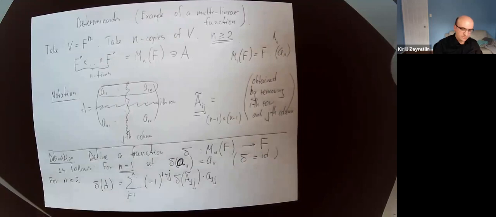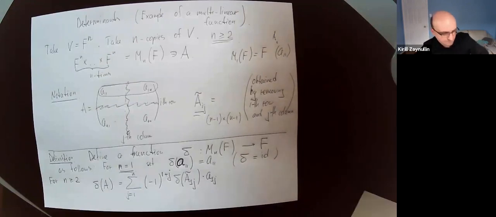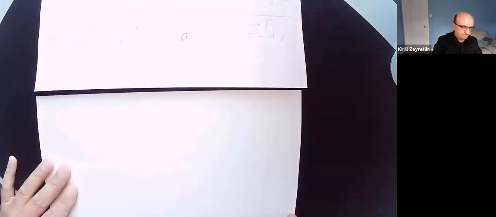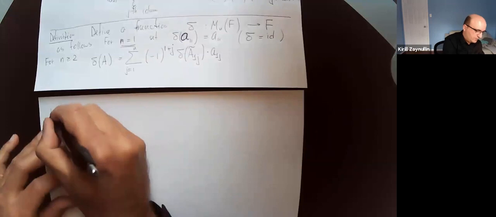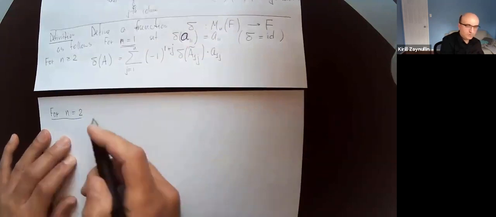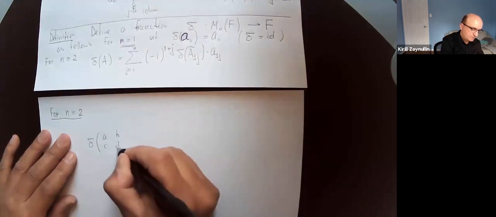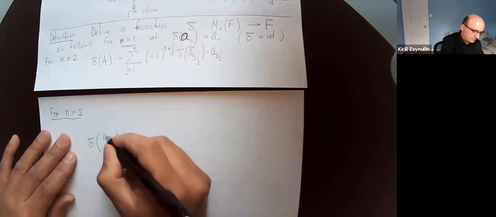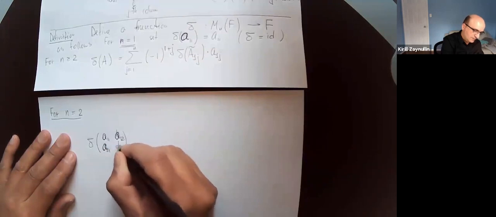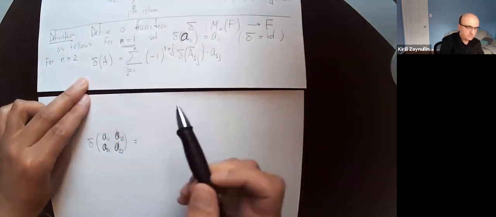Let me show you how this definition works, say for n equals 2. How does this formula look? If I take a matrix A, B, C, D, or better, A11, A12, A21, A22. Then by the very definition, the sum runs from 1 to n, so there are only 2 summands.